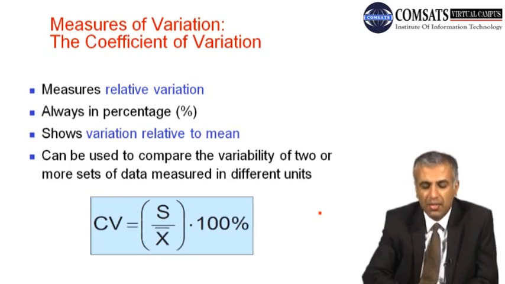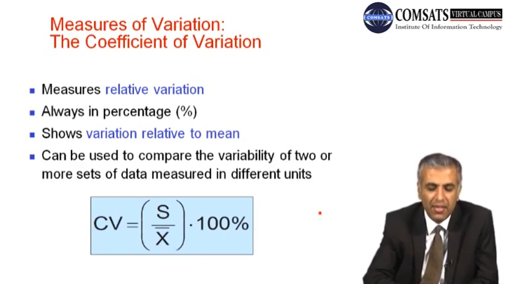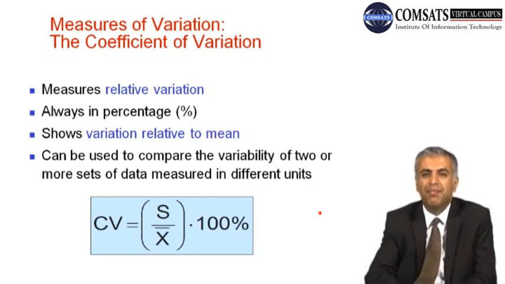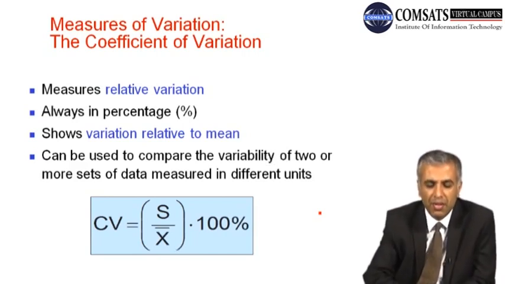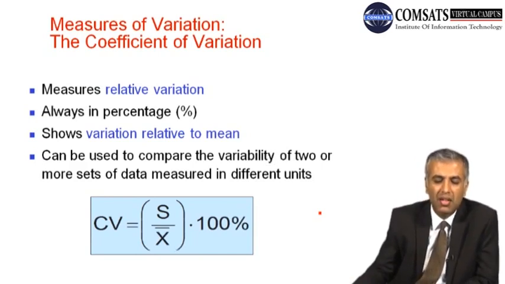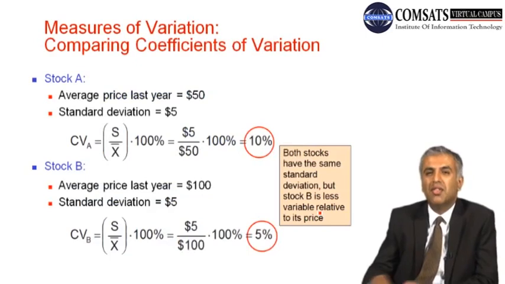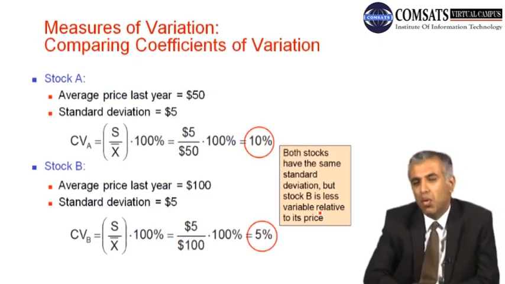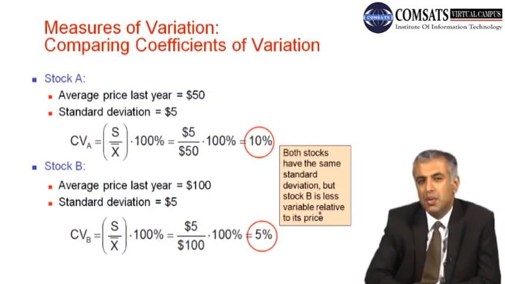So that's why the formula of coefficient of variation is evident here, which is the standard deviation divided by the arithmetic mean of that specific data set multiplied by 100. So this basically gives us a more relevant figure which can be compared across the board.